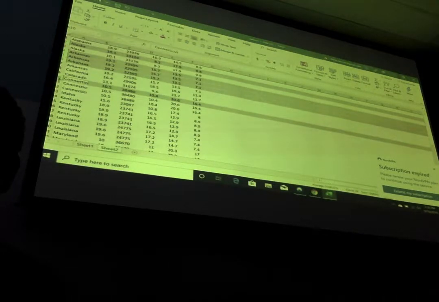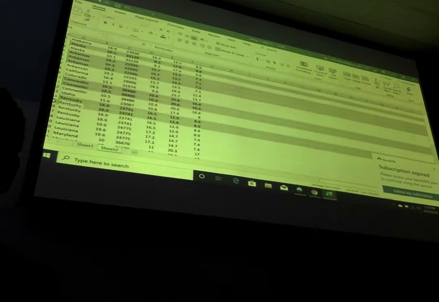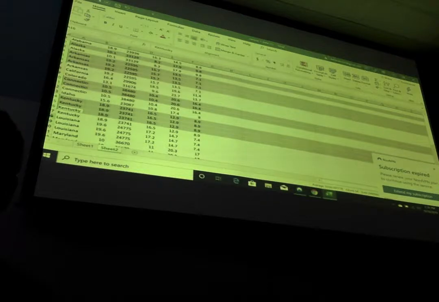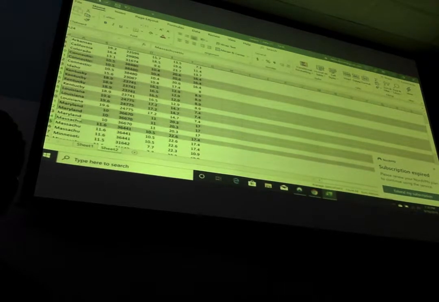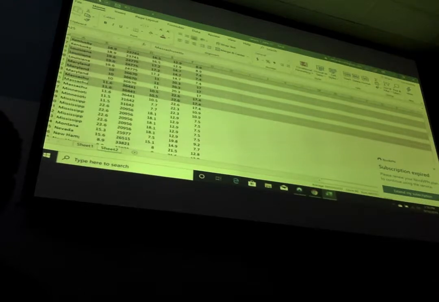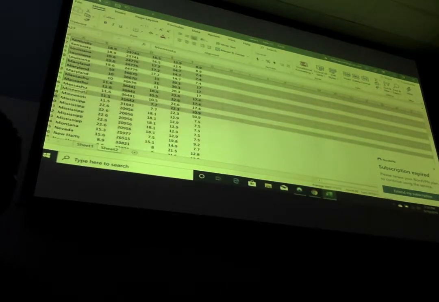Colorado, Connecticut got 3 of the highs probably in good stuff. Look how much Kentucky's in there. Maryland and Massachusetts are both 3 times. Mississippi, every time.